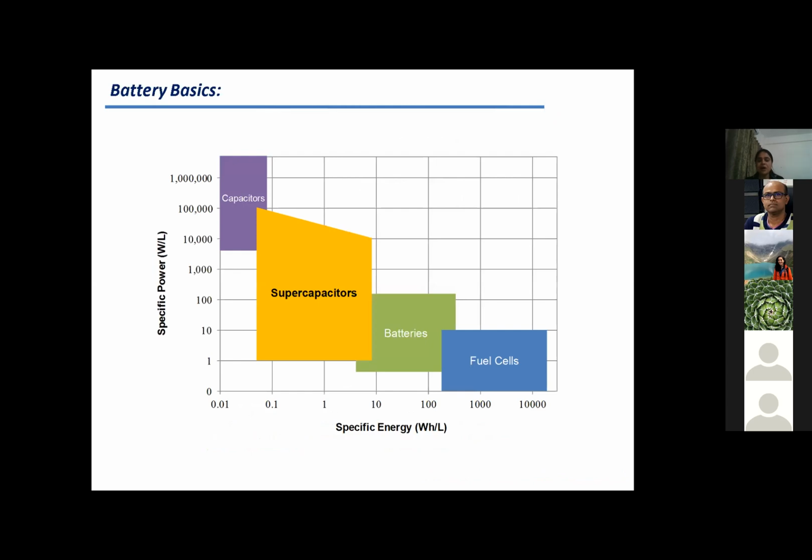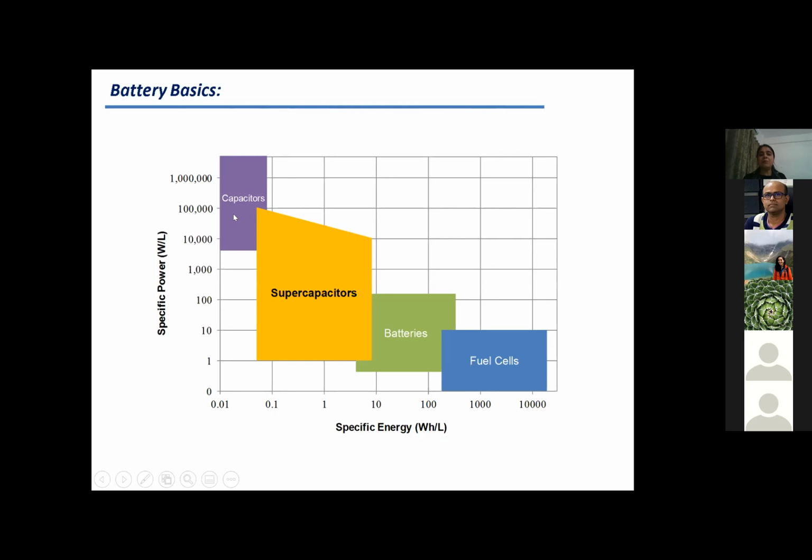Now, as I have told, for electrochemical or electrical storage, capacitors and batteries are both within that field. But what is the major thing? Maybe during my work I will tell a little bit about that.